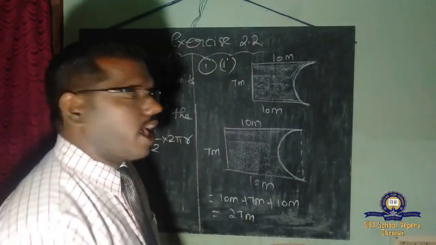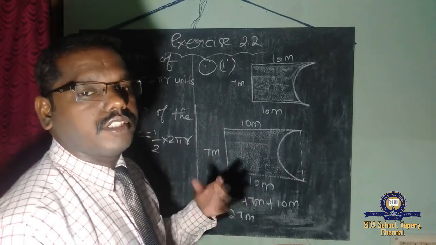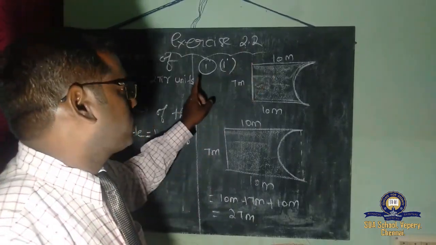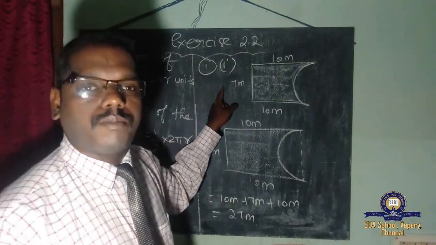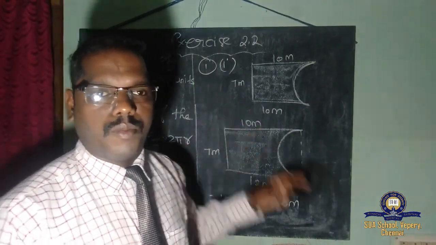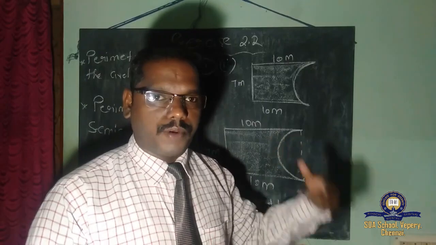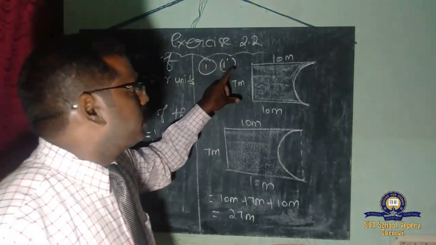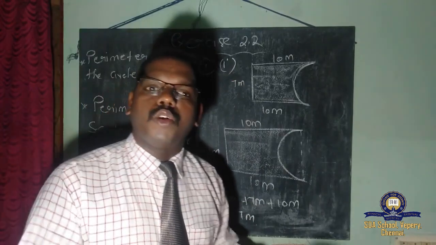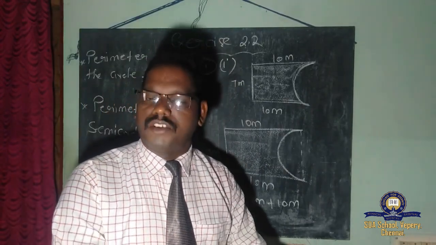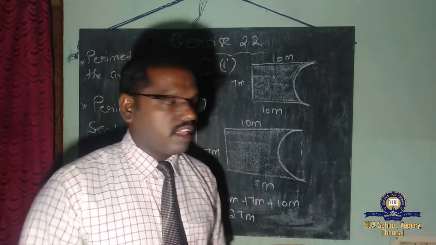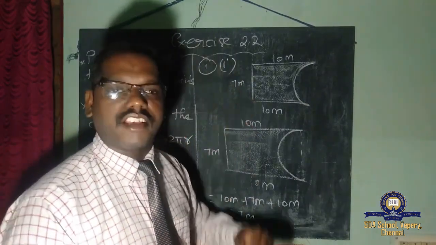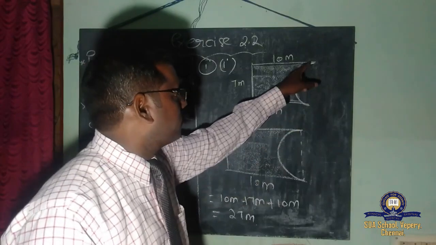Students, as I told, today we are going to see exercise 2.2, first Roman letter, first problem. If you bought the book, come to this exercise, look at the problem, look at the shape. See, this shape does not look like any other geometrical shape, isn't it? I cannot say this is a square, a rectangle, or a semicircle.